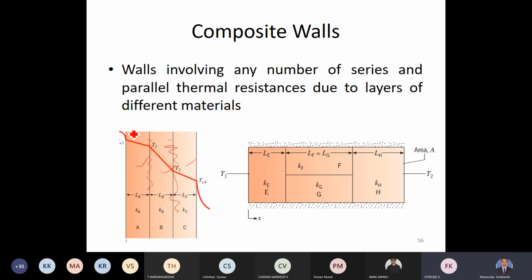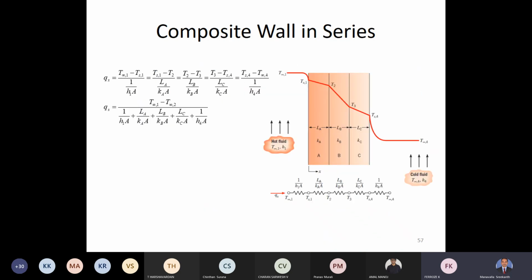That is what is assumed, but in reality it is not so. In this case you see one composite wall having three slabs arranged in series, and here there is another composite wall where slab F and slab G are in parallel, and they are connected in series to slabs E and H. How to represent these using an electrical resistance network, we have also seen.